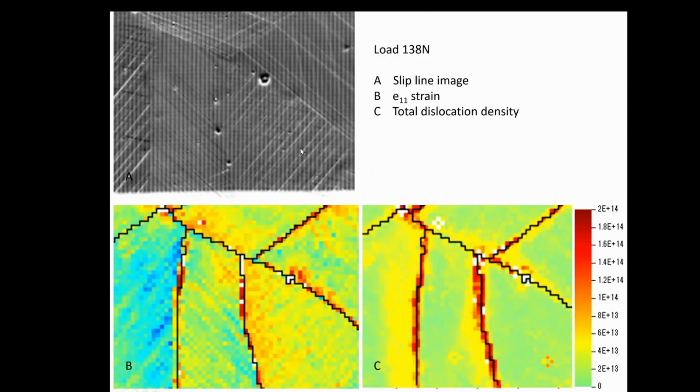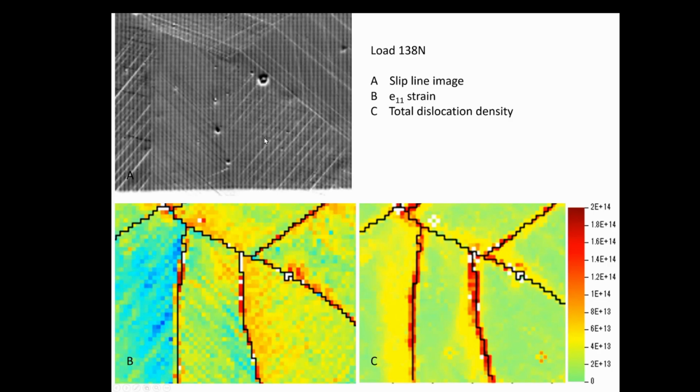And I'll just show you this. This is from the SEM image. This is an SEM standard scanning electron microscope image. And what is showing up is the microstructure. Here are the boundaries. We haven't overdrawn them here. That's how they appear in the microscope. And you see these are the slip traces, which are shown as strain in the other images.